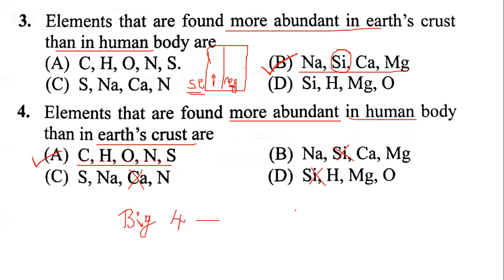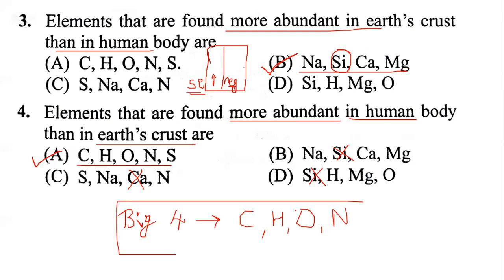Which were they? Carbon, hydrogen, oxygen, and nitrogen. That is again an important one. Which was the most abundant element in Earth? Sodium, silicon, magnesium, and calcium. Elements abundant in the human body: carbon, hydrogen, oxygen, nitrogen, sulfur. Done, everybody. Moving on to the question.